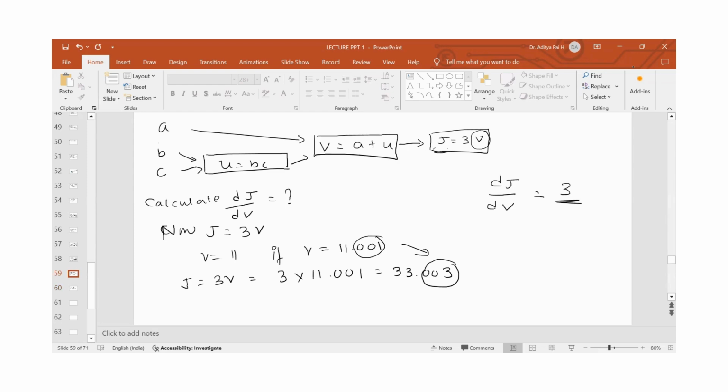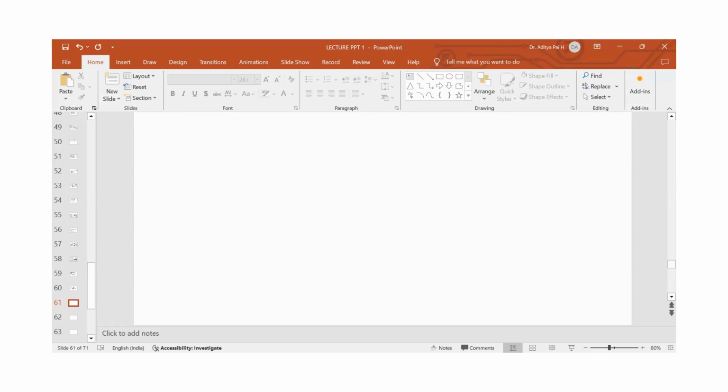So now again here we will be changing the value of a. So we need to change the value of a. So f of a is equal to 3a. F of a is nothing but equal to 3a.